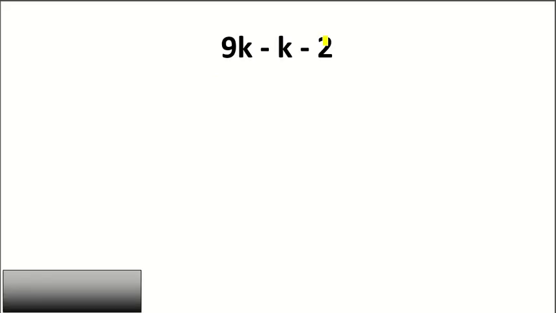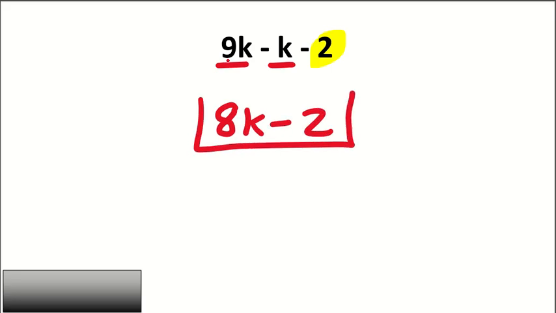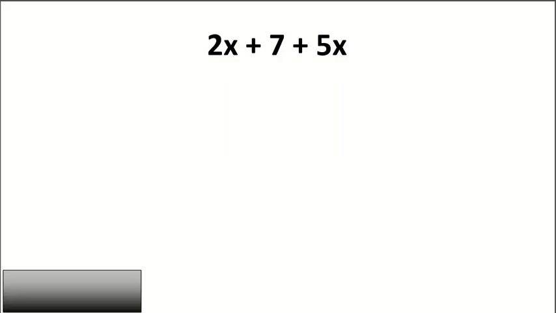One of these terms is not like the other one. Yep, the -2. But we do have a 9k decreased by a k, which gives us 8k. Hey, that's 8,000, man. Decreased by 2. And we have combined our like terms. Poof. And how about this one right here?